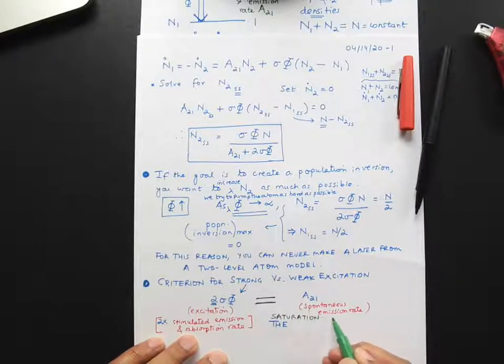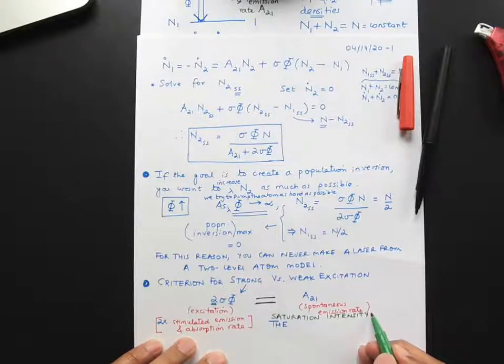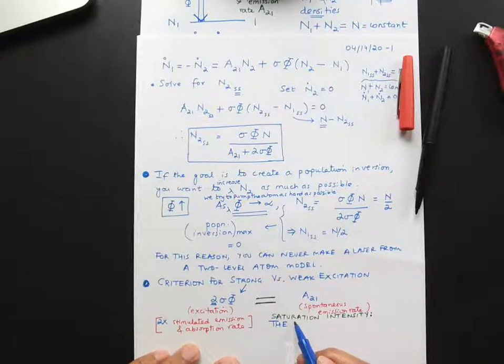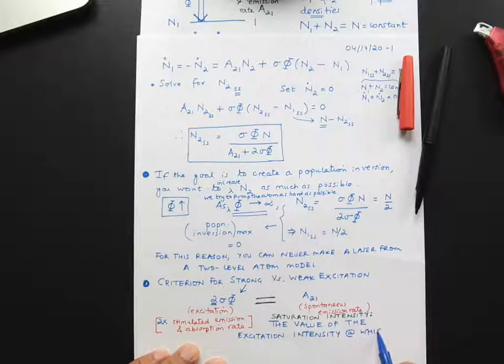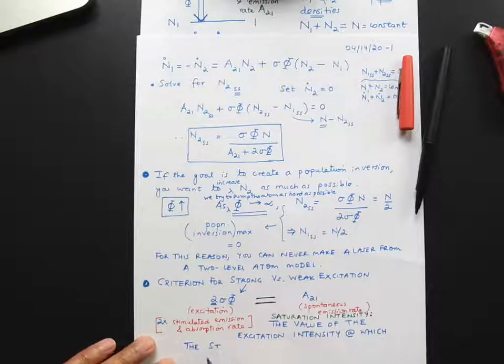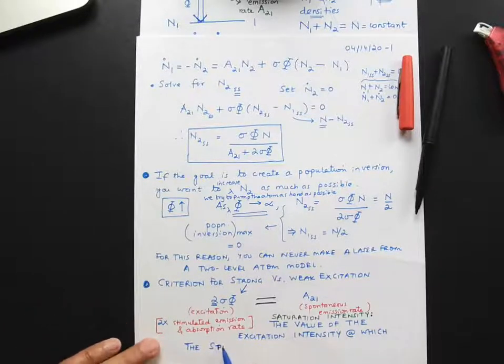The saturation intensity is the value of the excitation intensity, given by phi, at which the stimulated emission, at which the spontaneous emission rate.